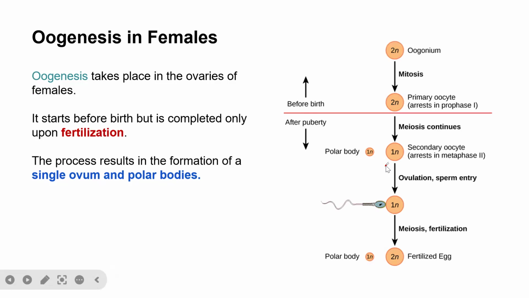Then meiosis will continue after puberty. And then at the end, a secondary oocyte, where it is arrested in metaphase 2. Then we have ovulation and sperm entry, where meiosis continues with fertilization, and then a fertilized egg, or zygote, and polar bodies will be generated. So this is oogenesis.